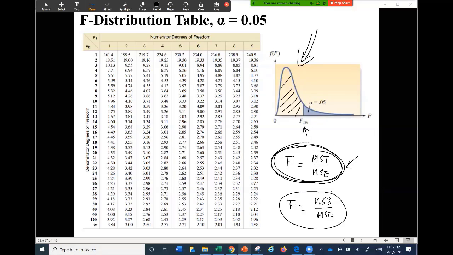Remember, the degrees of freedom of the numerator for treatment was 3, and the degrees of freedom for the denominator is 27. Then we need to find these 2 degrees of freedom in this table, 27 degrees of freedom in the denominator, and 3 degrees of freedom of the numerator. In the intersection of these 2 columns, we have the critical value. This is our value of reference that we are going to use to compare the result.